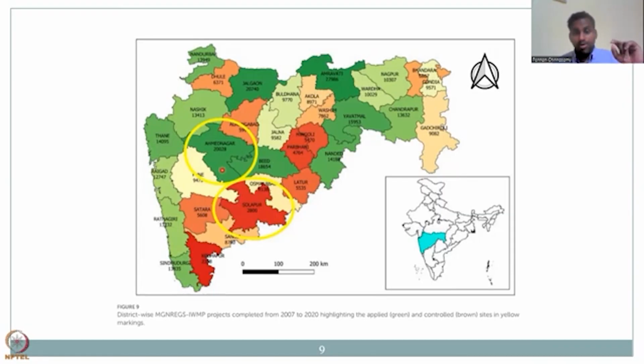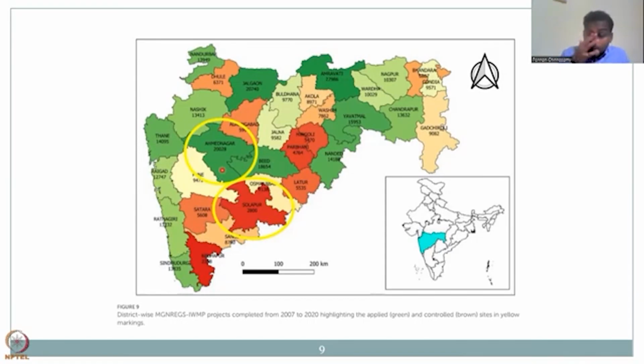However, there have been more IWMP projects in Ahmednagar. Look at it, it's almost 10 times. Solapur has 2,800 projects running, whereas Ahmednagar has 20,028 projects running, completed, etc.